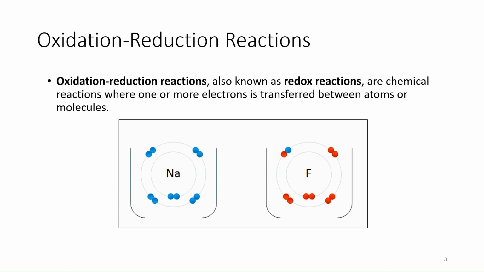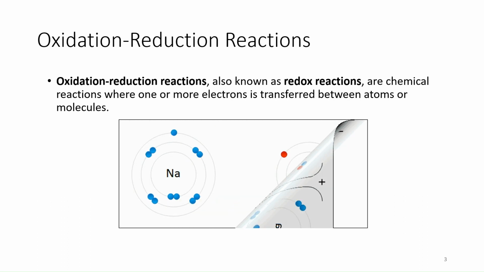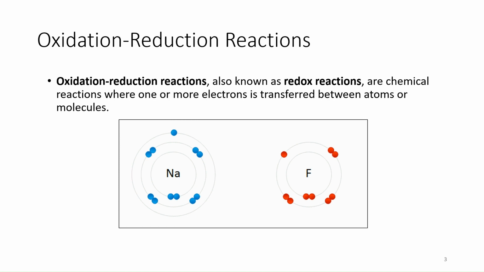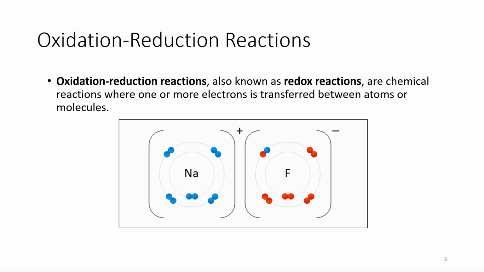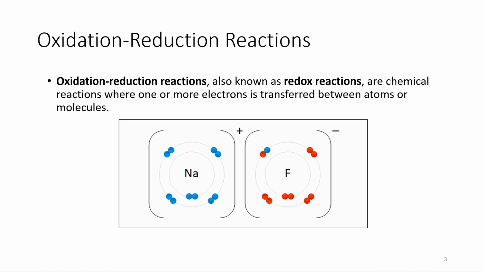Here we can see in this example sodium, called Na in chemistry, and fluorine, which is called F in chemistry, exchange electrons. Sodium is not very electron greedy, and the electrons that orbit its nucleus are easily transferable. Fluorine, on the other hand, is electron greedy.